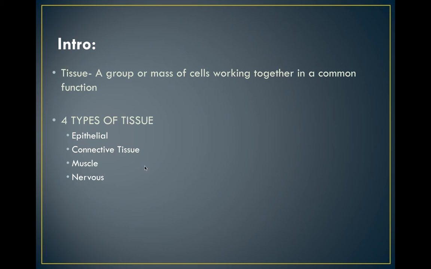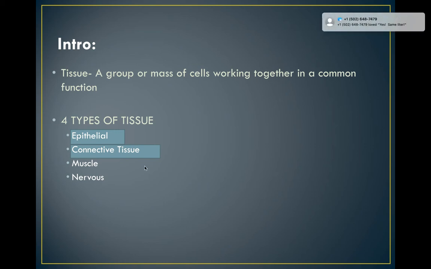But being in the integumentary system, it's a great opportunity to pause and talk about the first two tissue types, epithelial and connective tissues. Typically, this learning target in some classes is an entire unit called histology.